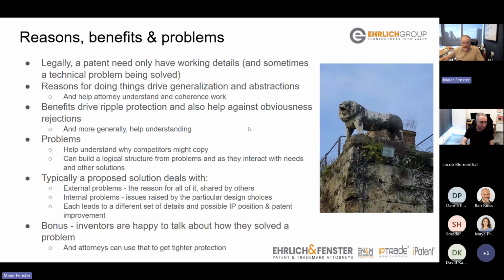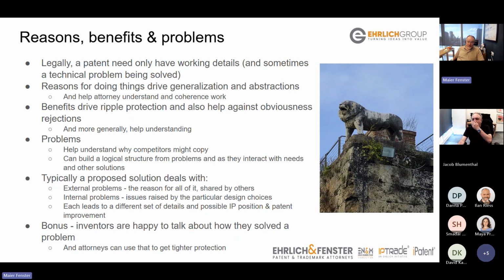From a legal perspective, the requirement is to describe something that works with sufficient enablement and so on. And in some countries, you have to describe a technical problem, or it could be implicit. But what you don't have to describe is a reason for doing any of it.